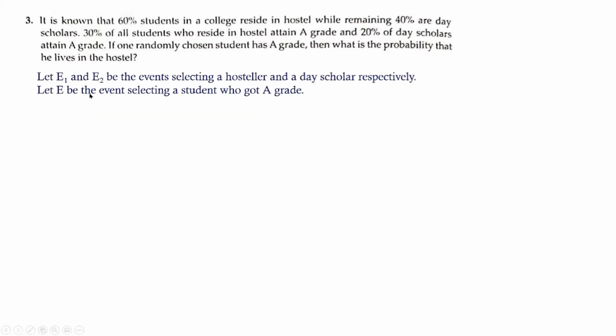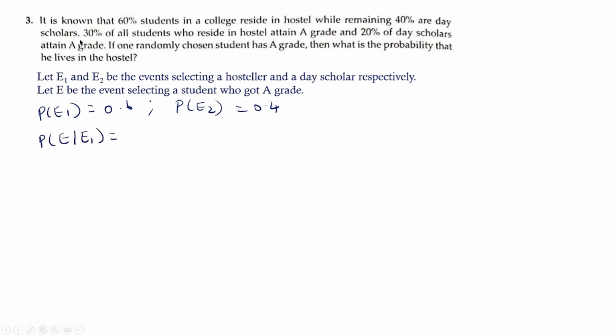So let E1 and E2 be the events selecting a hosteler and a day scholar respectively. Let E be the event selecting a student who got A grade. So probability of E1 is 0.6, since 60% of students reside in hostel, and probability of E2 is 0.4 since 40% are day scholars. Then probability of E given E1.